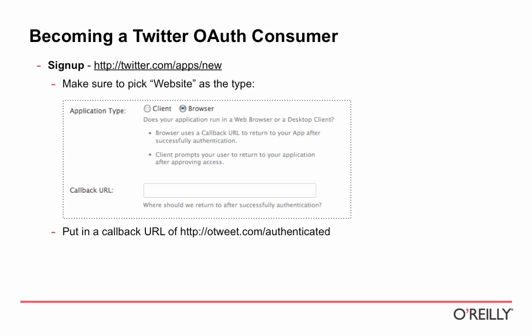And then the way that we're going to make it super simple for the user of our application to sign in is by acting as a browser type application. So when you sign up as a Twitter third-party application developer and create a new application, one of the things that I go over in my screencast is that you need to set up your application type as a browser type, and then you need to put in a callback URL of otweet.com authenticated.